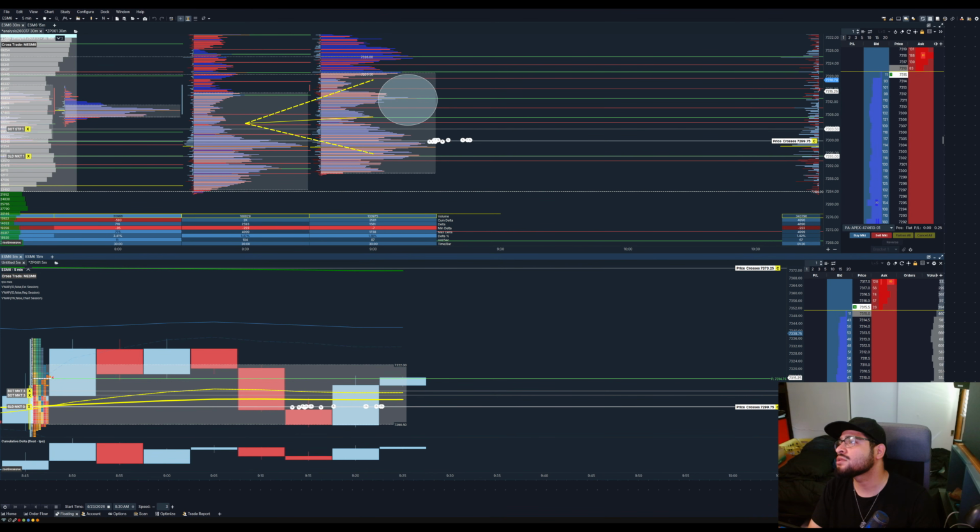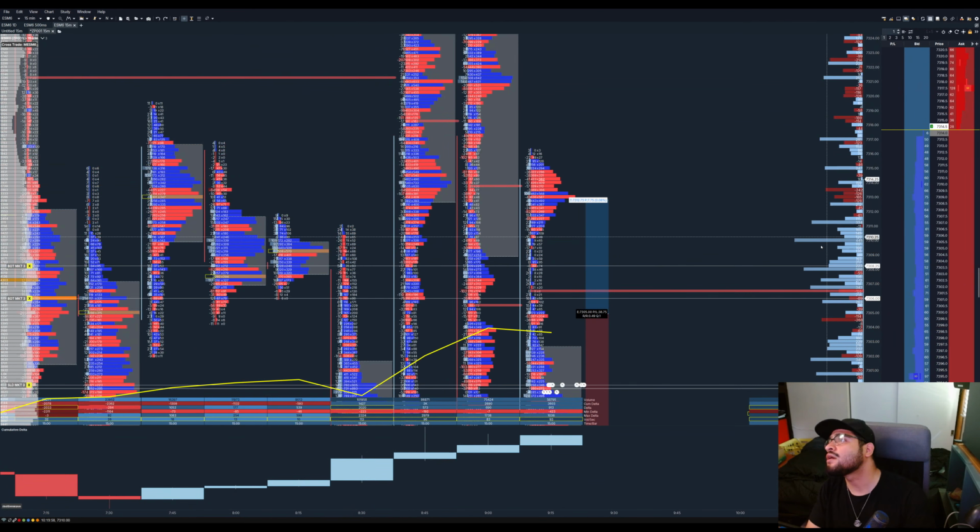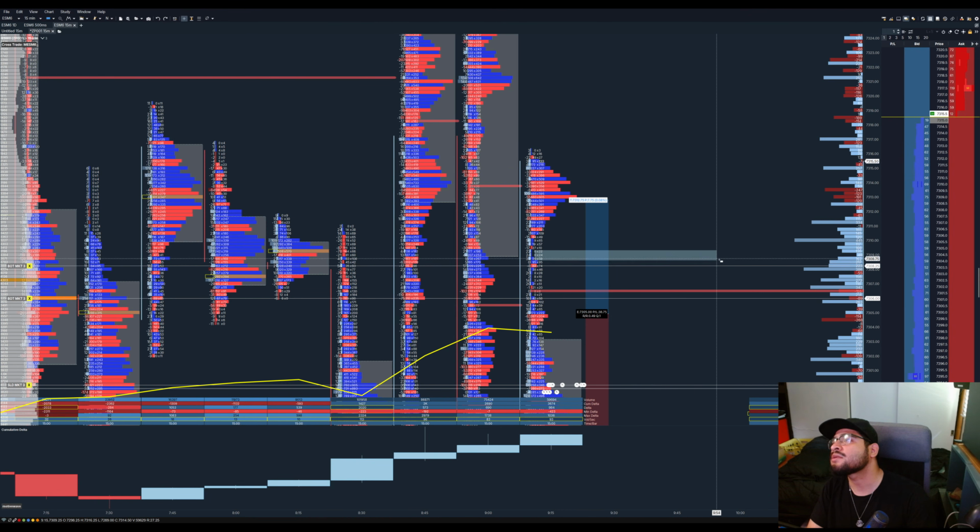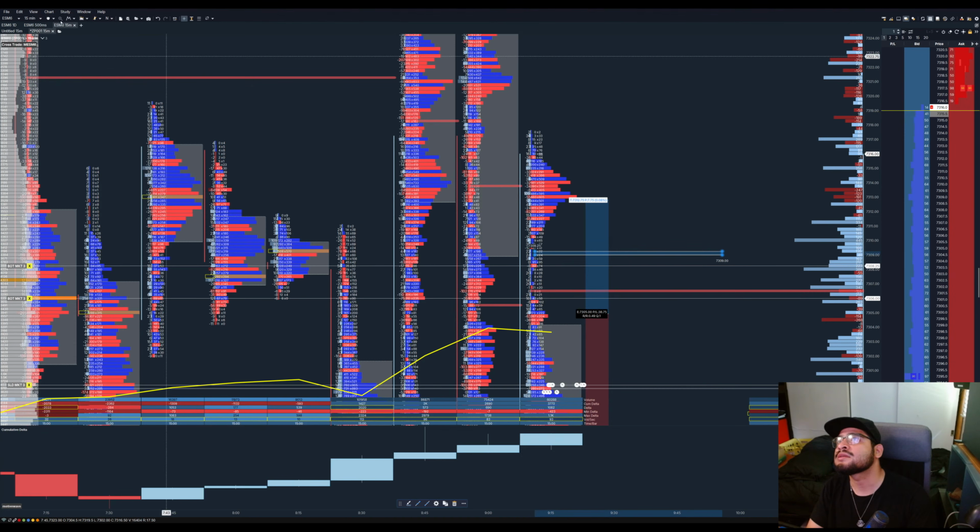Oh, so I do see a zero print on the 15-minute. Couple of zero prints. Man, are we getting headlines? We may be getting headlines.